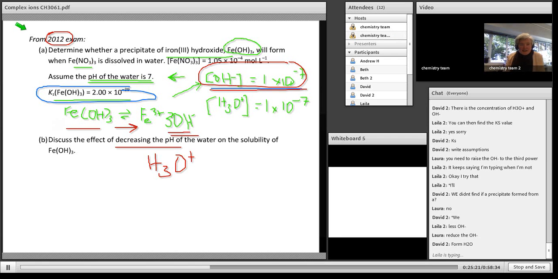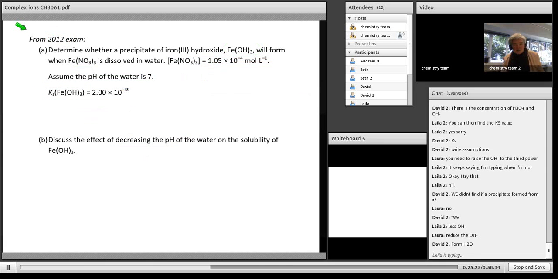So I did not quite look at the question carefully enough. I said we had this and I was working out K, using the Ks. But if they ask you whether a precipitate forms, do I use Ks or do I use IP?